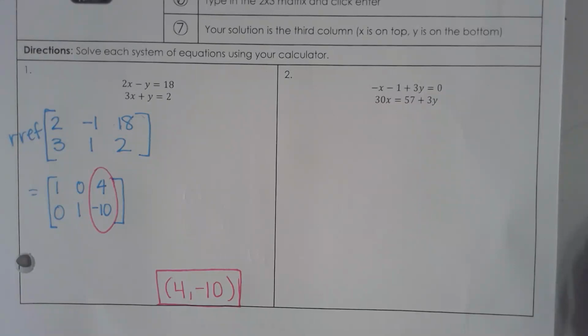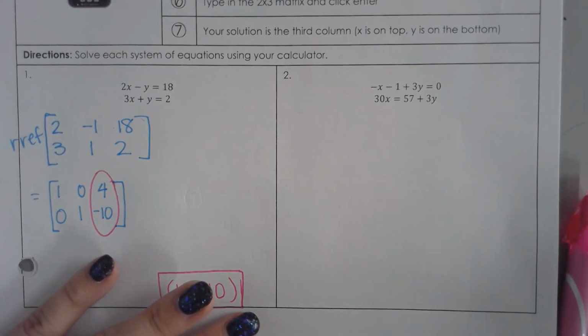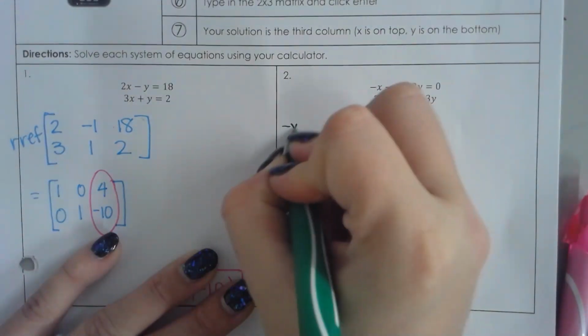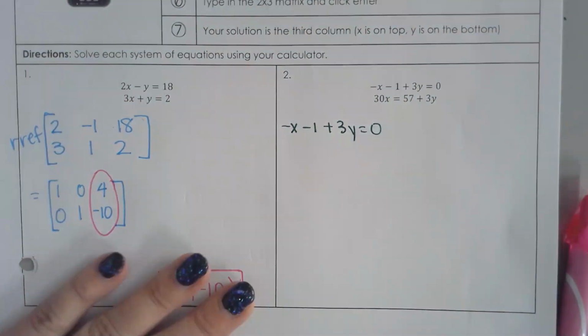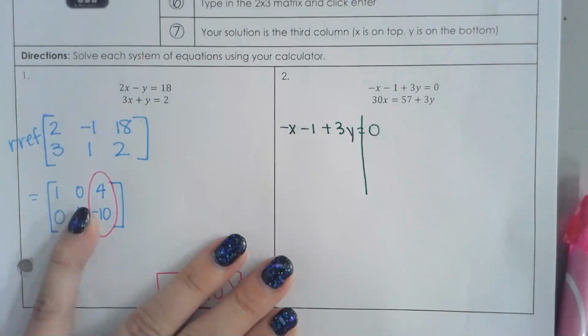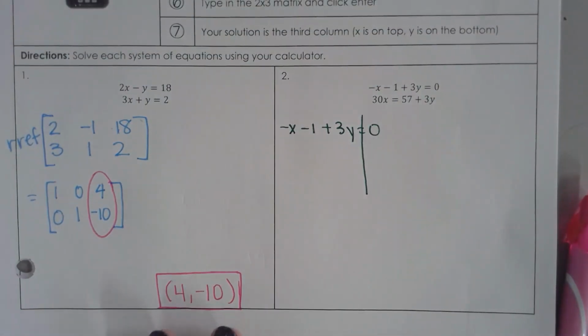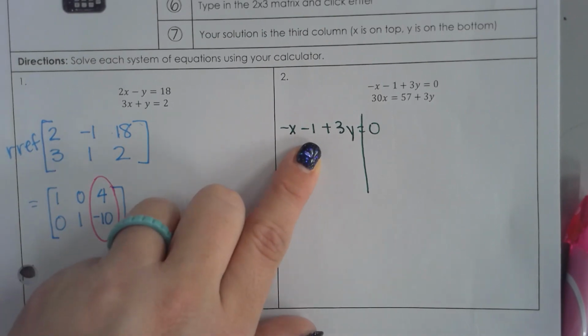All right, let's look at number 2. Are my equations in standard form? No. So my first equation, the x and the y have to be on the left side of the equal sign. The plain number needs to be on the other side. So the only thing that needs to move over is this minus 1.